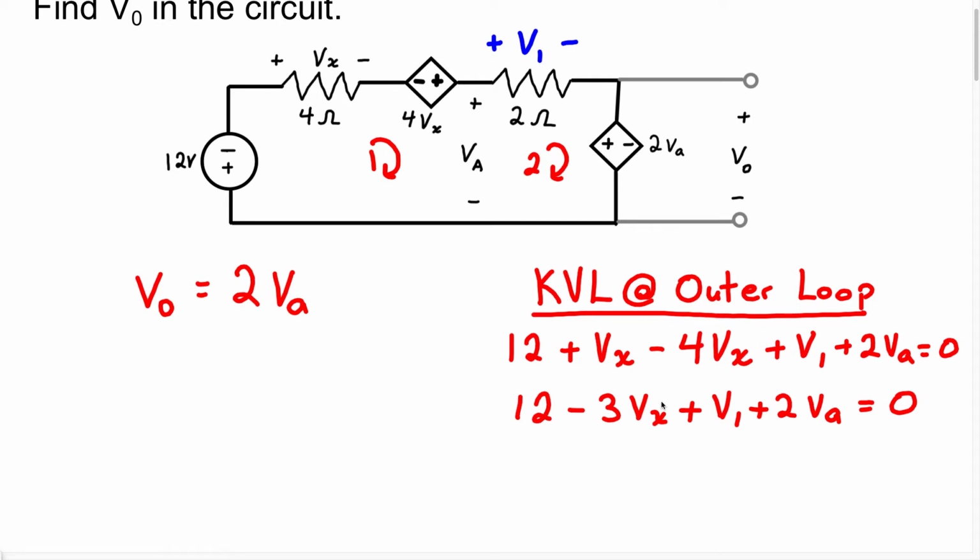So we know Vx is going to be the voltage across this resistor, and we know V1 is the voltage across this resistor. Once you have identified that you have passive components, I now want you to write the relationship of the voltage for each of those resistors using Ohm's law.